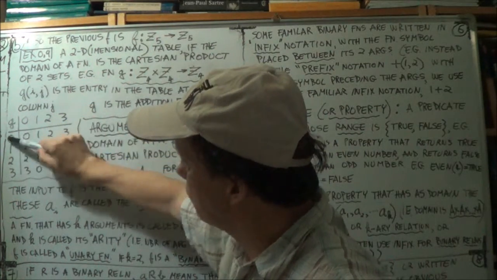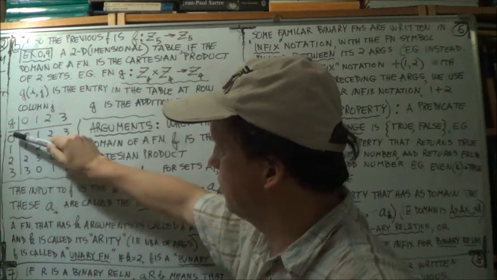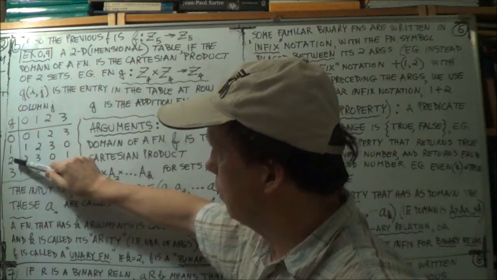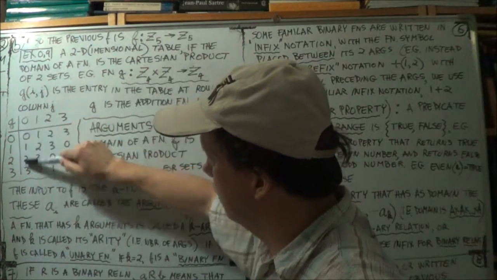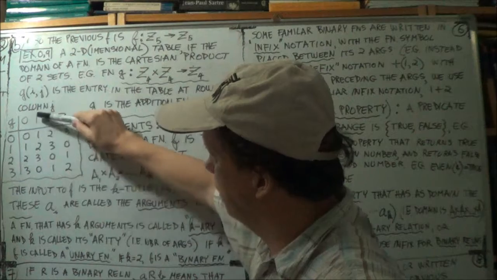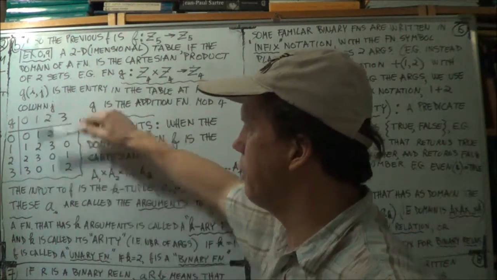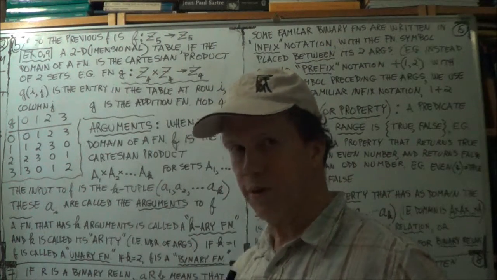That'd be row 0, these outputs for row 0. This is row 1, these possible outputs for row 1, row 2, and row 3. And these columns correspond to the 0th column, the 1 column, the 2 column, and the 3 column.